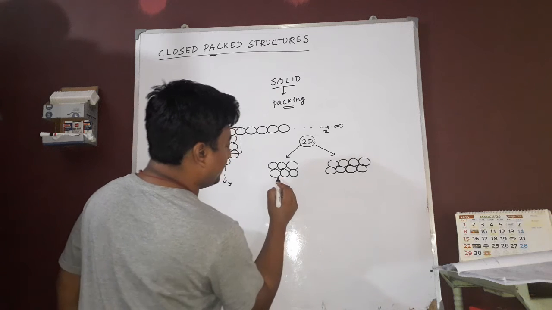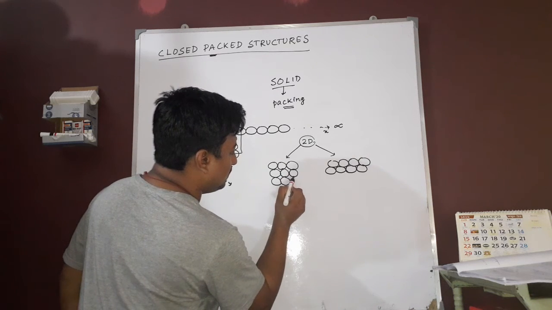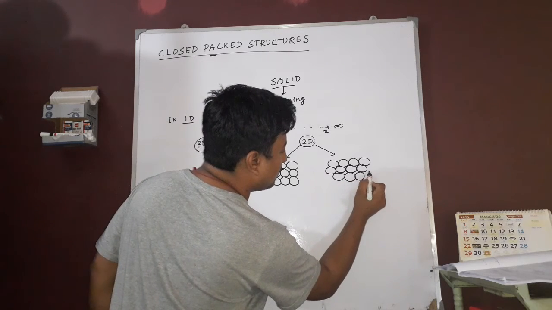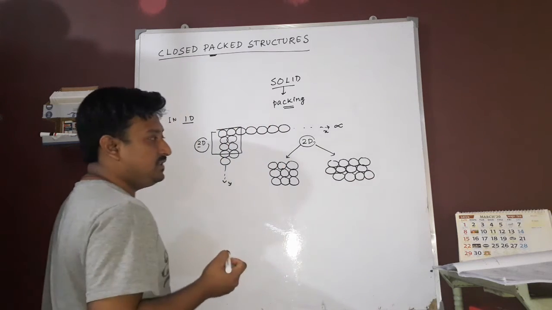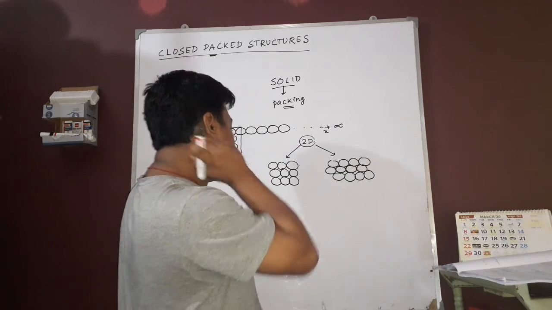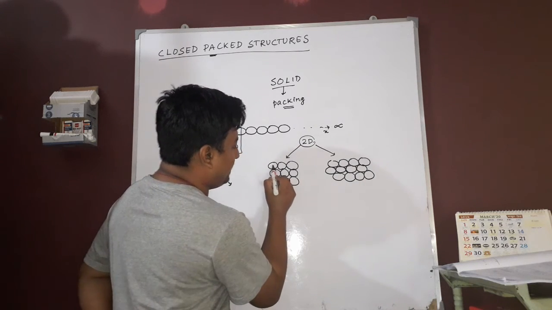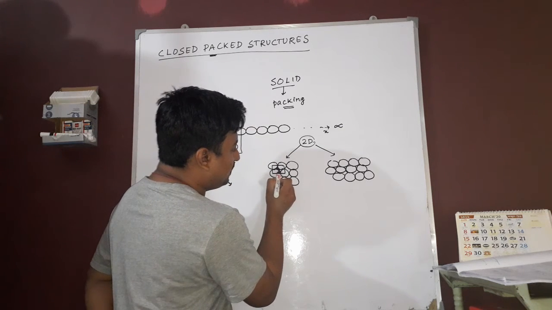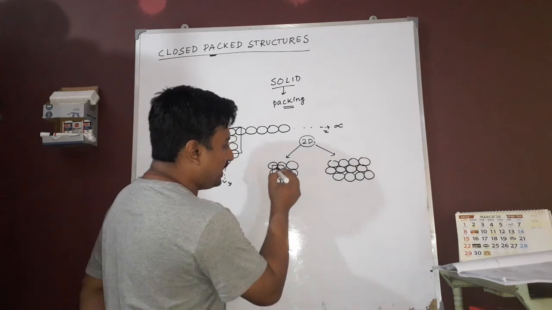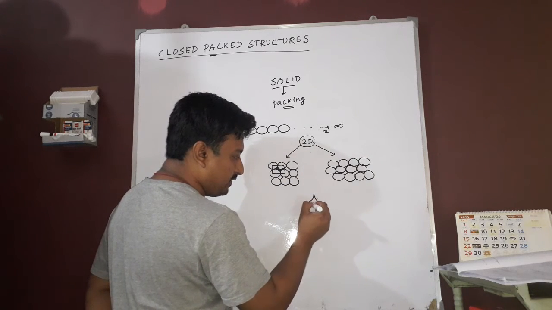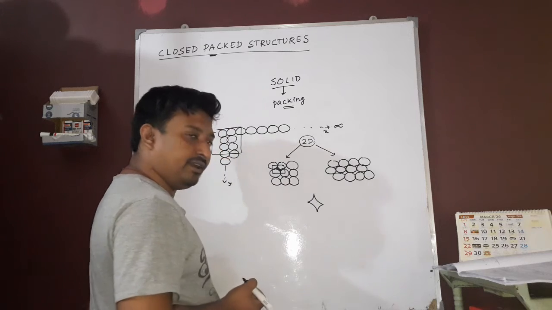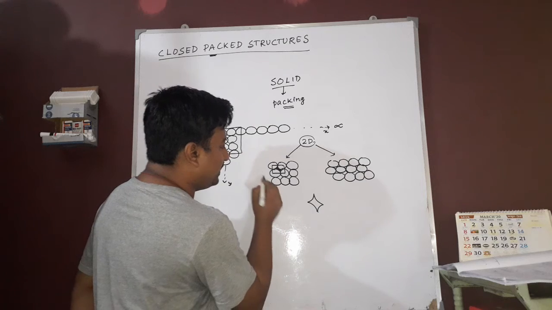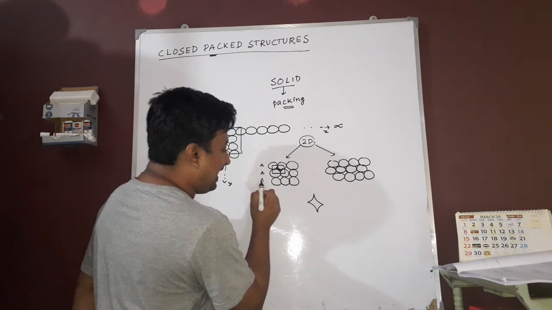Let's do another one. Here, see, if you look very carefully, in these two cases, here 4 atoms make a small void. So what kind of void is here? This kind of arrangement is called the A arrangement.